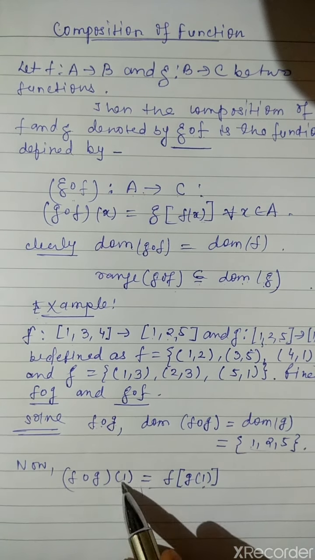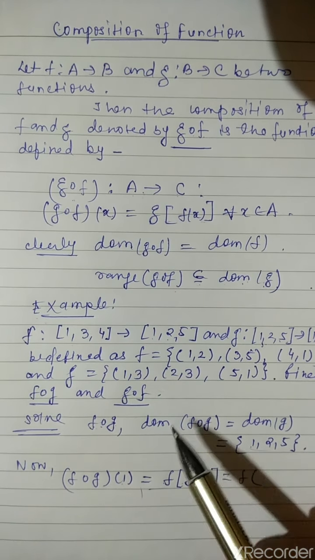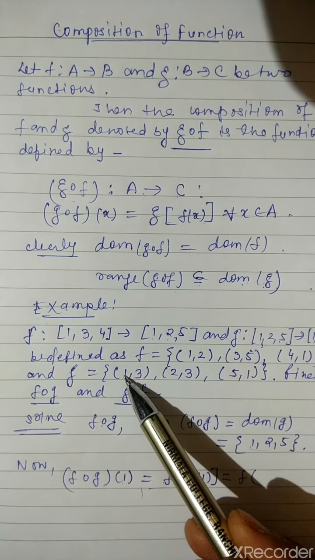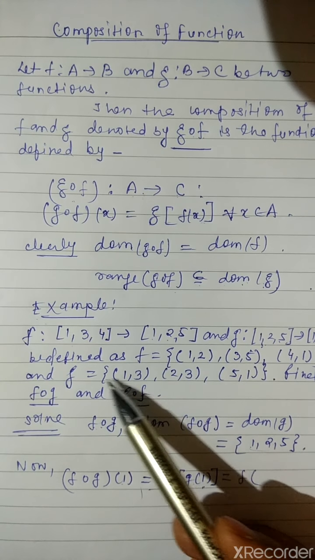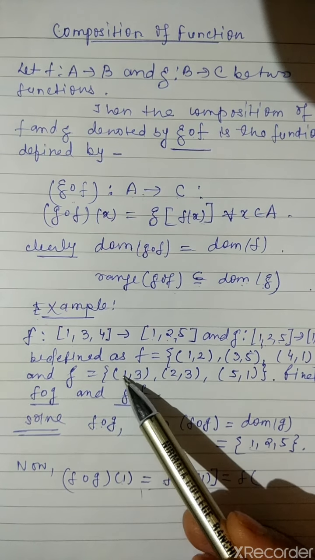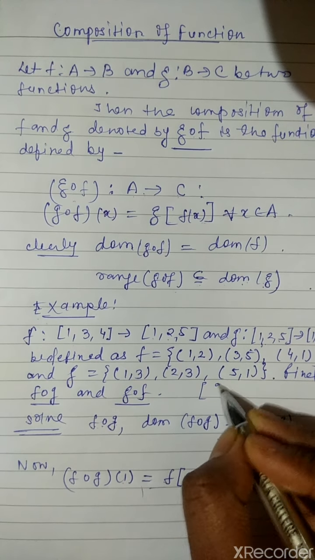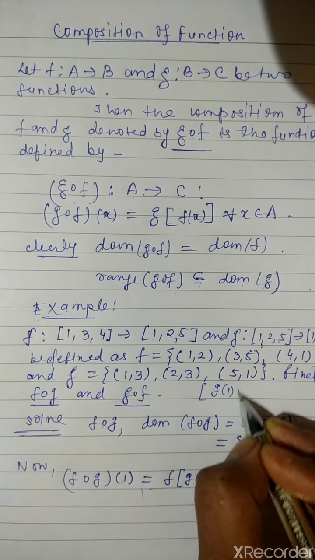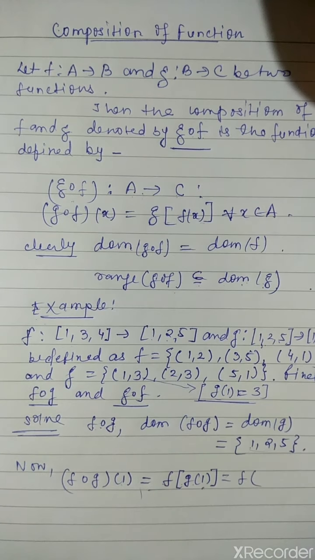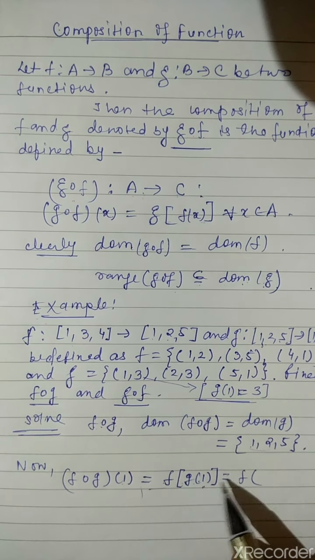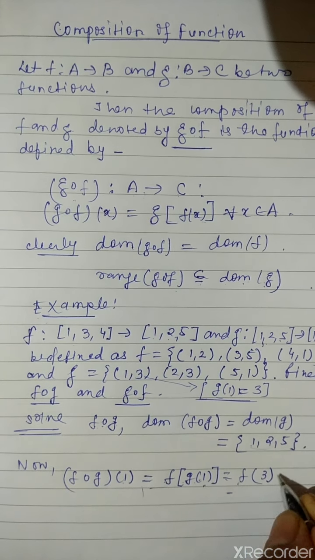So F naught G of 1 equals F of G of 1. G of 1 is 3, since when x equals 1, G of x equals 3. So F of G of 1 equals F of 3.